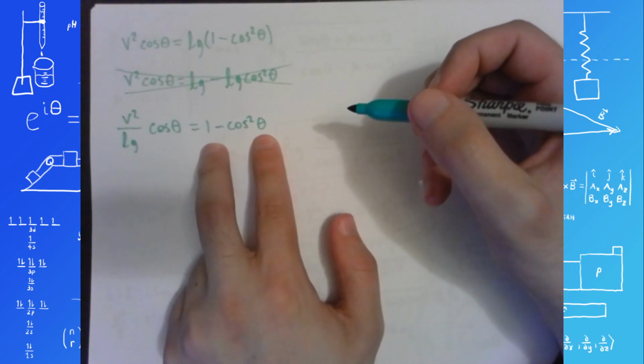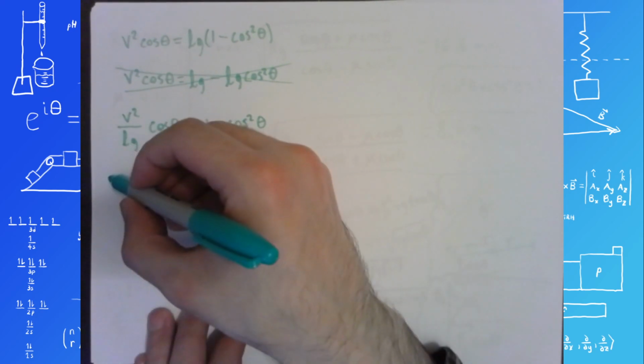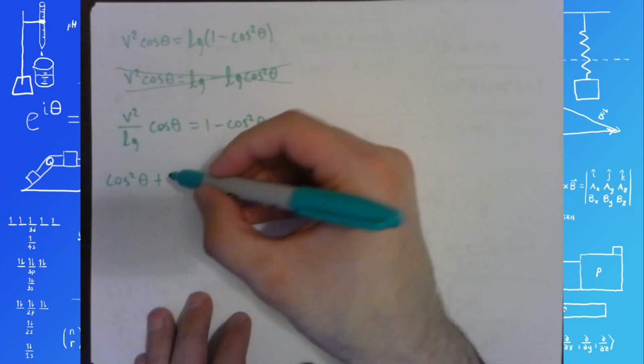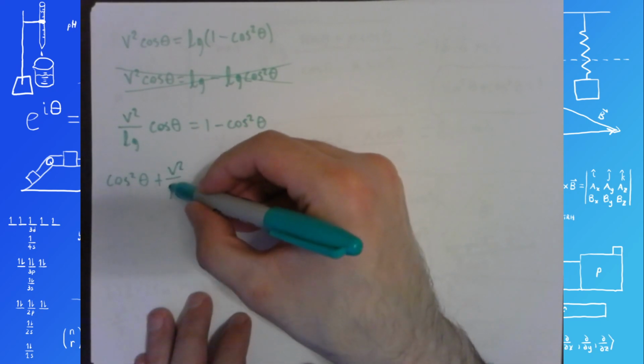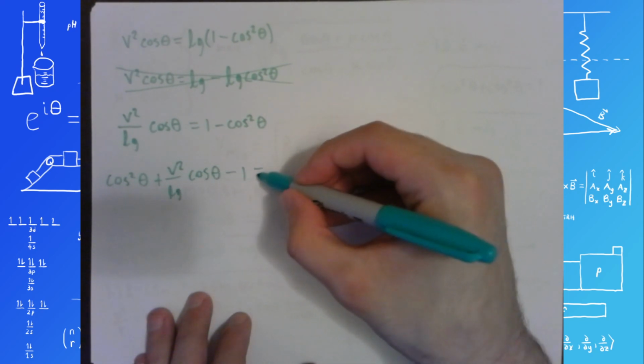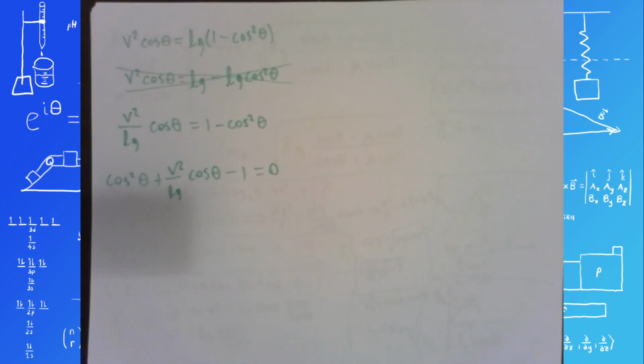And then what I want to do is move all this over to the left-hand side so that I get cosine squared of theta plus v squared over LG cosine of theta minus 1 equals 0. And from here, you need to make the clever observation that this is a quadratic equation. If theta is an unknown, then cosine of theta is also an unknown.